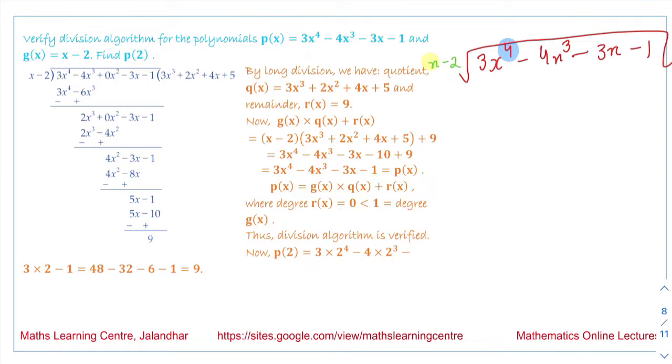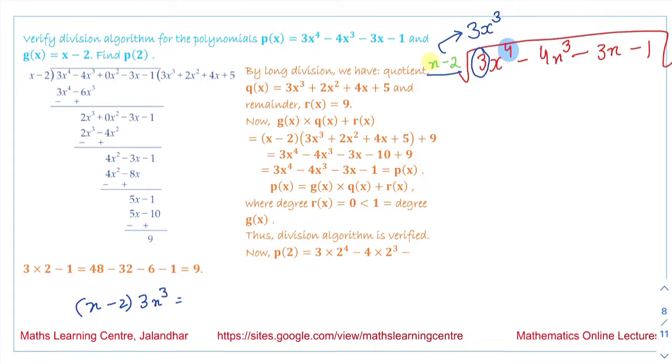So in the first step we are going to multiply this with the coefficient over here, it is 3, and we are going to multiply it with x cube. So when we multiply this term with x cube, we are talking about x minus 2 into 3x cube.